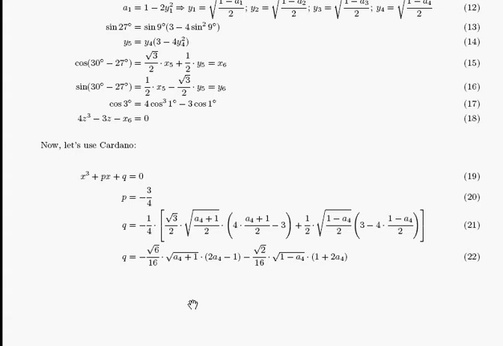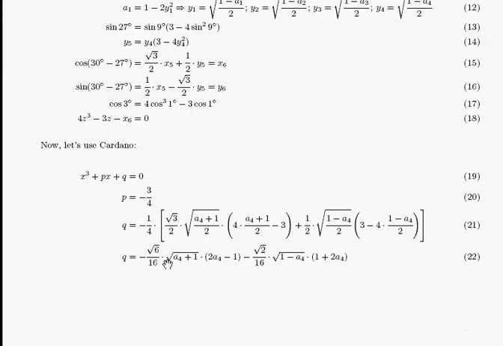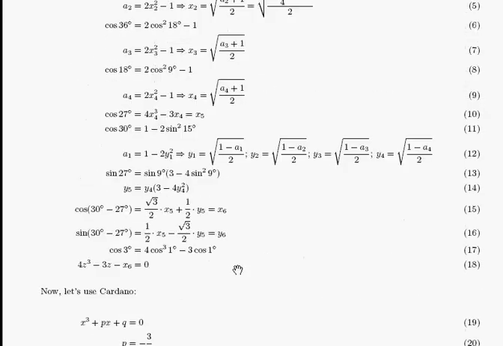When we simplify, we join these, we get down these, we rationalize. Square root of 2 in the denominator is square root of 2 over 2. We simplify, we join the constants, we have a square root isolated, we have a parenthesis isolated. And now we're going to substitute a4. Who is a4?